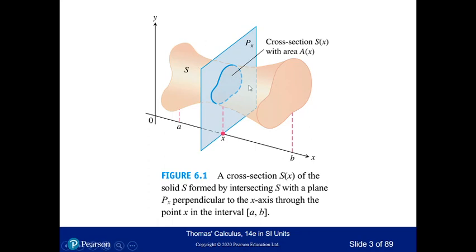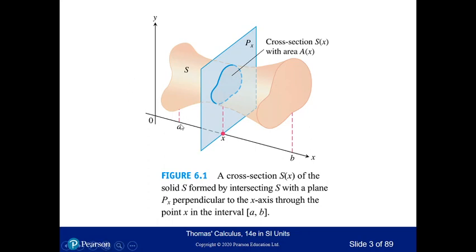You cut this solid S. When we cut it with a vertical plane, you are going to get an intersection area. This is an area, and we call it cross section, S of x, and it has the area A of x. S of x is the cross section, and A of x is the area of that cross section.